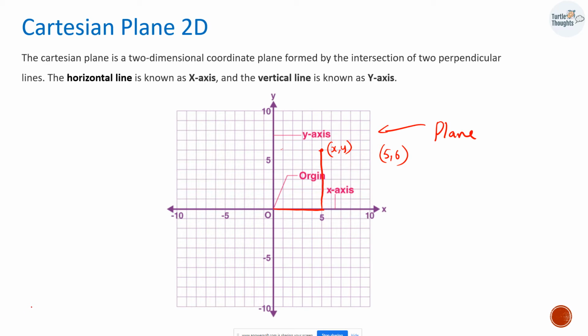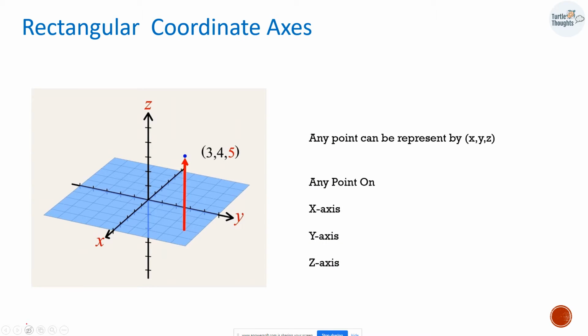Now if we extend the same Cartesian plane, which is in 2D, to 3D, that is, here we have the x-axis and y-axis. If we consider one more axis, then that is going to be called the rectangular coordinate axes.